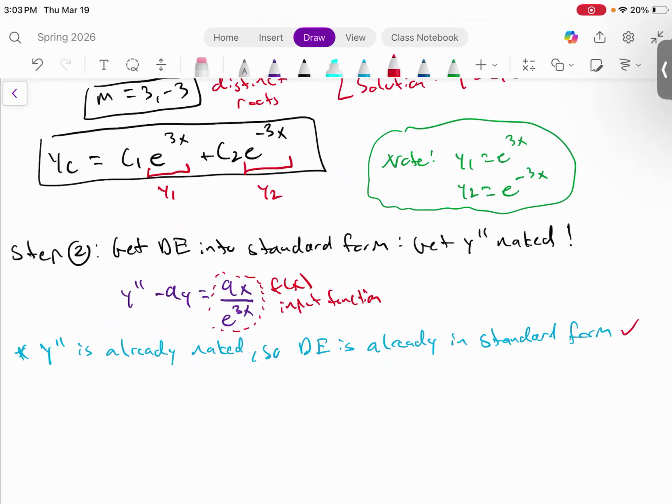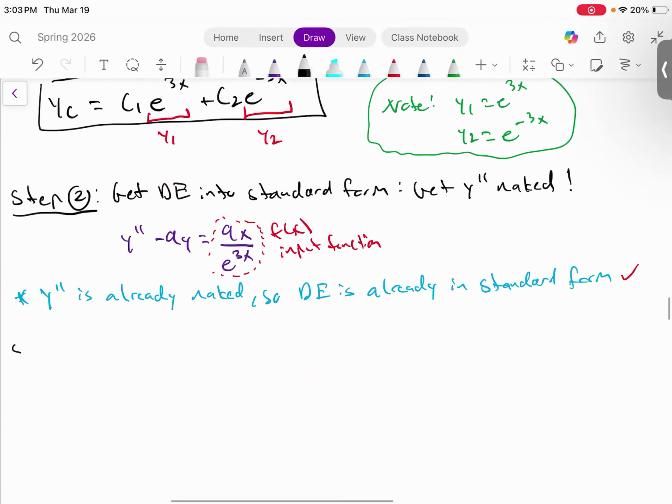So now all we need to do is set up our guess for our particular solution. But the one great thing about variation of parameters is that we always know what our guess would be.